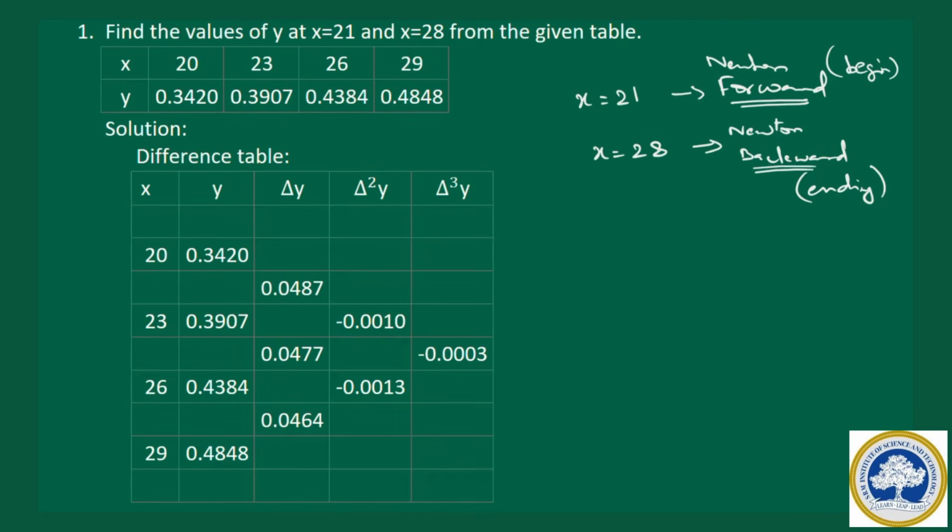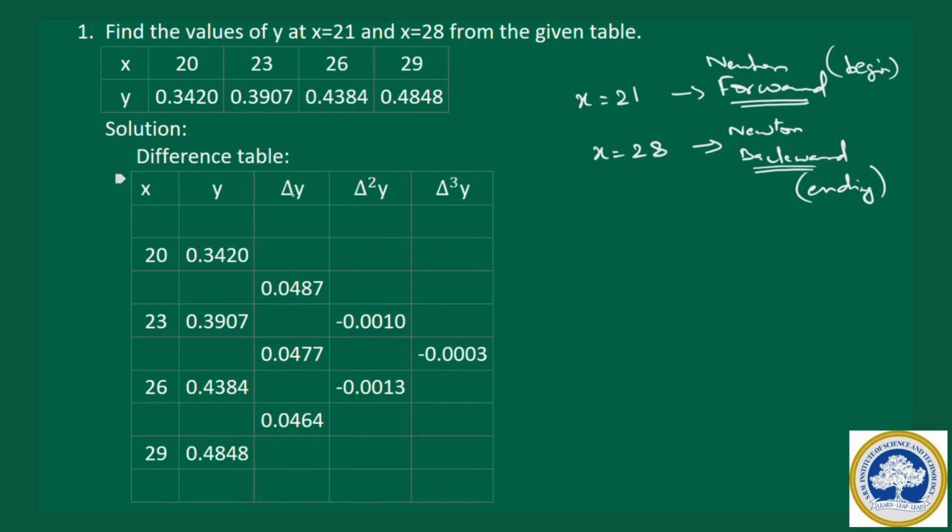Okay, before going to the formula, first let us form the difference table here. First we have to write the x and y values in a table format, considering the values in the vertical manner. So take the given values from the question, x values and y values, right? Now how to find out the difference?